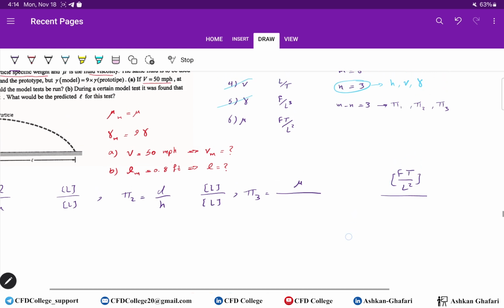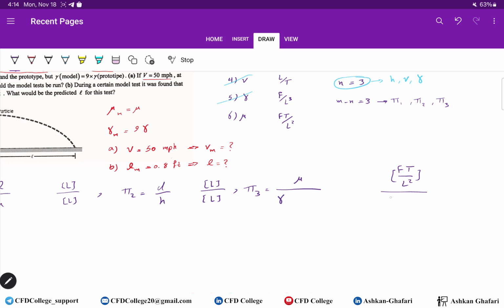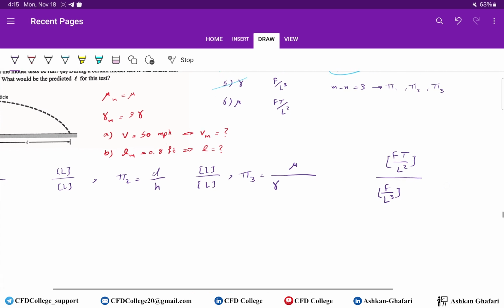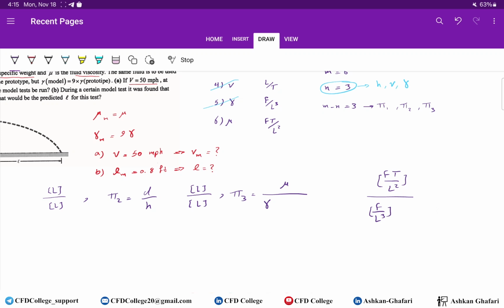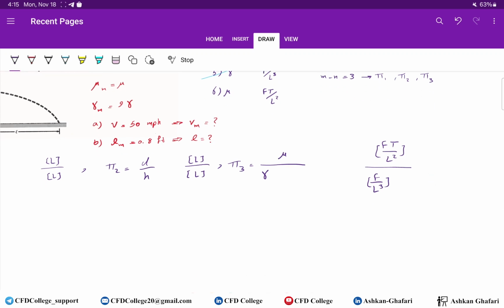We need F, so we pick gamma, F over L to the power 3. Next we need T in the denominator, T over L, which means V to the power -1. And then we need L square, so H to the power 2.